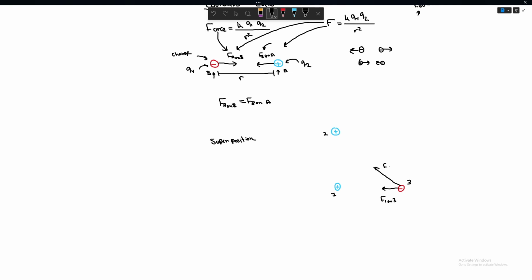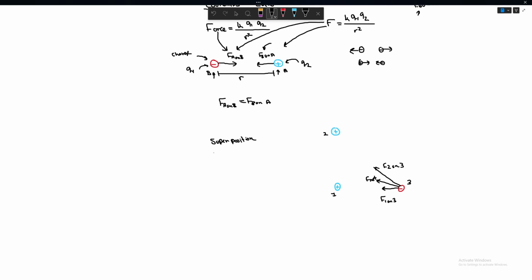This one is force 1. Force 2 on 3. Okay. So what superposition says is that if there are multiple things affecting this one thing, then take the effect of each one and just add them together. And so the product, let's say the F net goes this way.